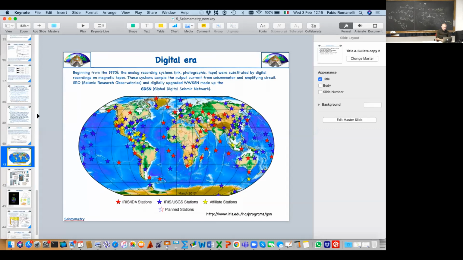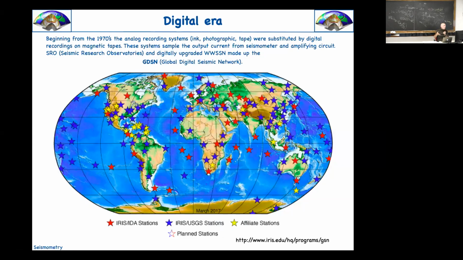I'm going backward now. And the actual situation that is evolving rapidly, in the digital era, is that what we called WWSSN, now you can call it GDSN, now it's really global, and it's a digital seismic network with a number of stars that are increasing here.